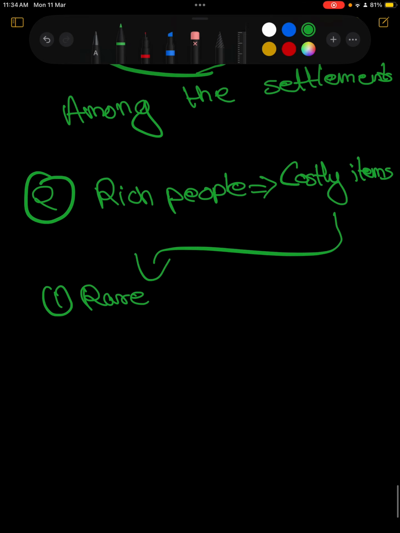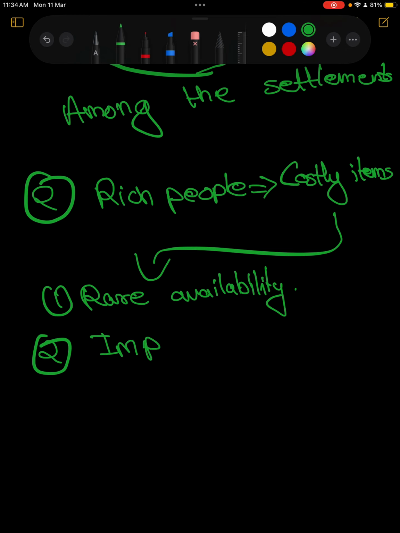They used to use objects that were rare in availability. Okay, rare availability. And secondly, they were imported. That means they were non-local materials. And lastly, made of complex technologies.